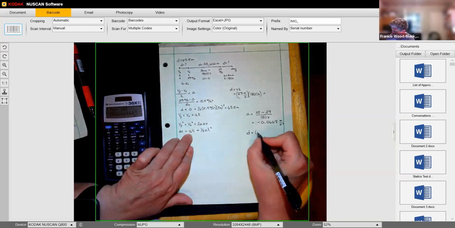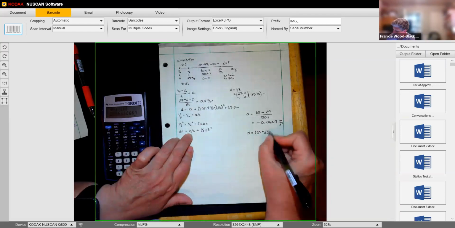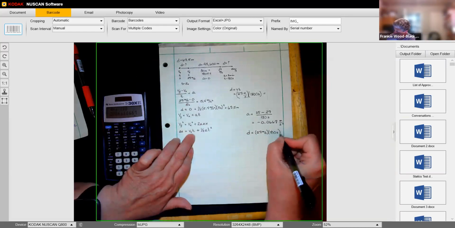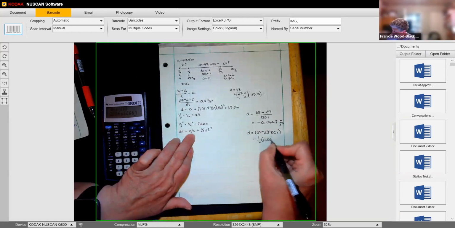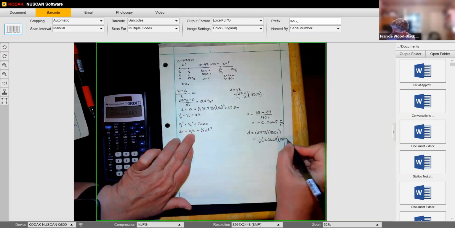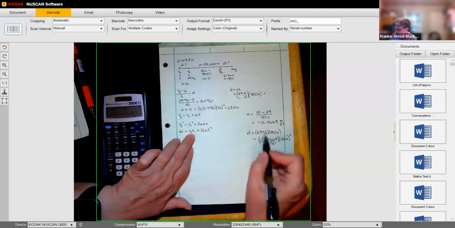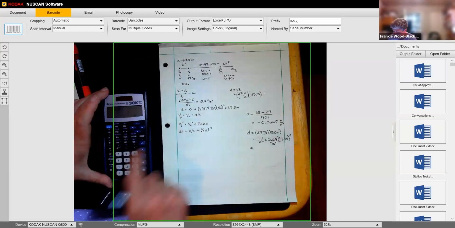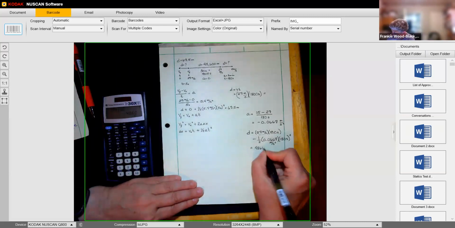My initial velocity is 27 meters per second. My time is 180 seconds, minus my 1/2 times 0.0667 times my 180 seconds squared. And this is in meters per second squared. So this time for this section, I had an initial velocity that I have to take into account. So I'm going to actually write out my numbers here. So I get, that's meters.